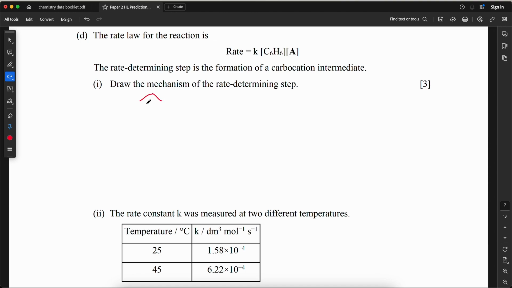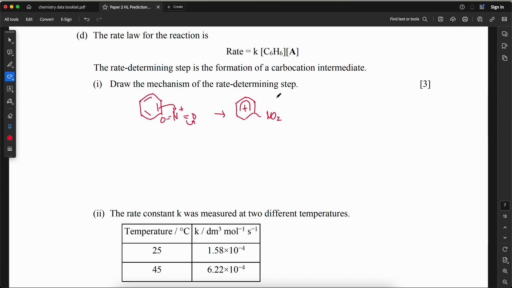So the benzene, that would be N plus double bond O. Okay, so this arrow will go right here, and this arrow also will go right here. So that would be positively charged here and NO2.